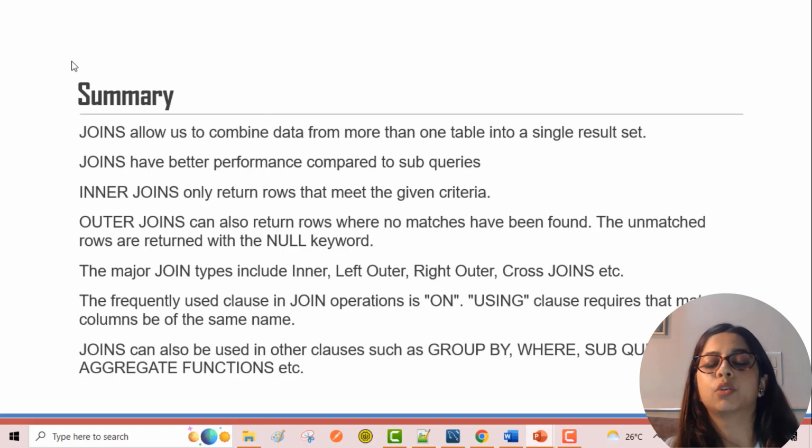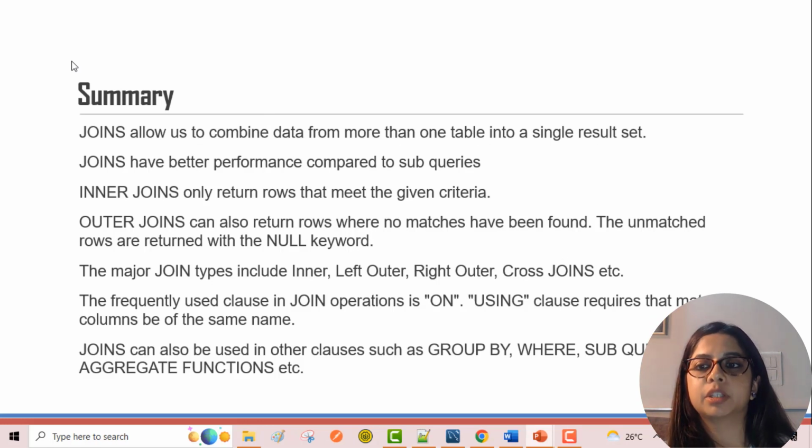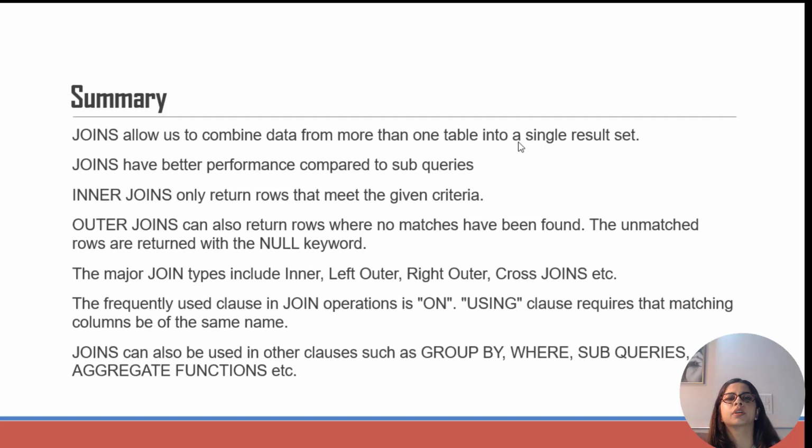Join allows us to combine data from more than one table into a single result set. Joins have better performance compared to subqueries. Inner joins only return rows that meet the given criteria, that is, what is common amongst the two. Outer join can also return rows which do not match in the two tables, as in which is not common, because we have to write left or right outer joins.